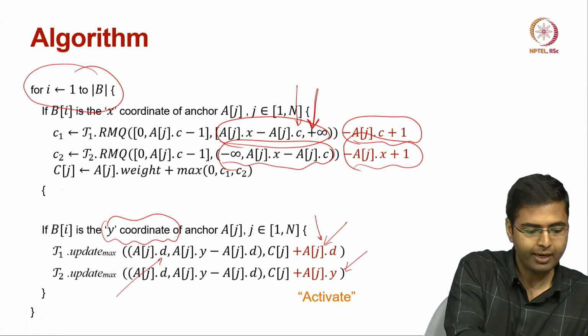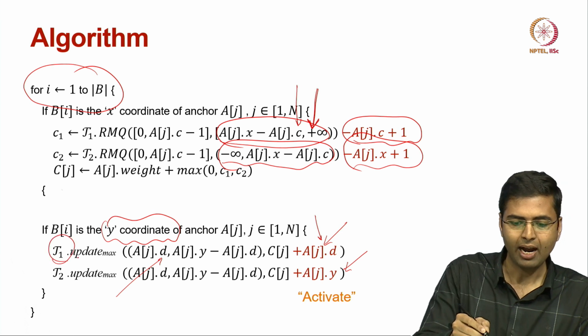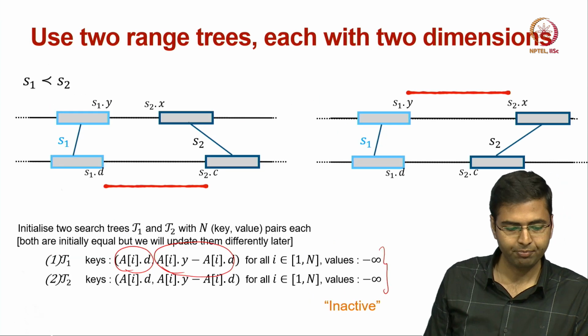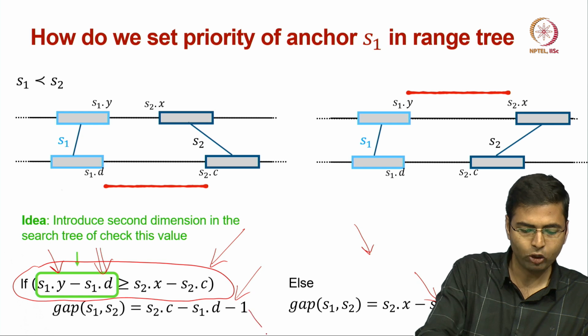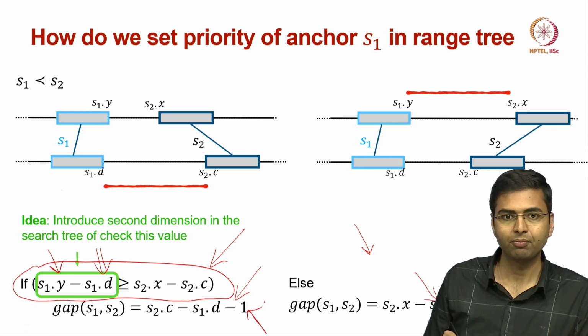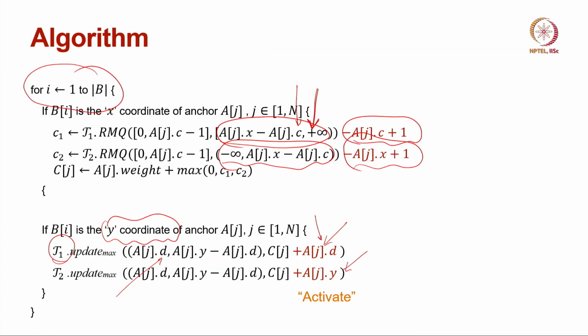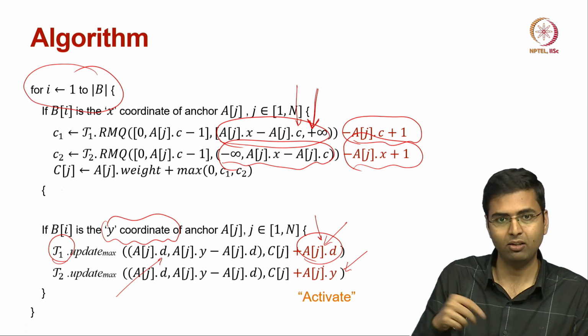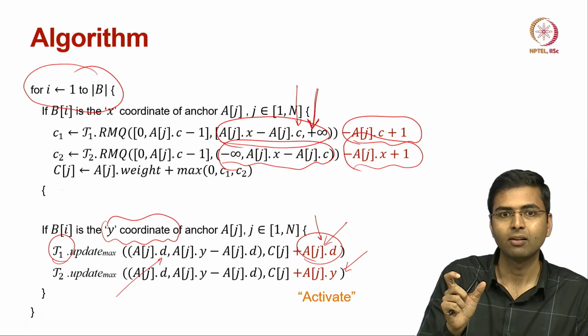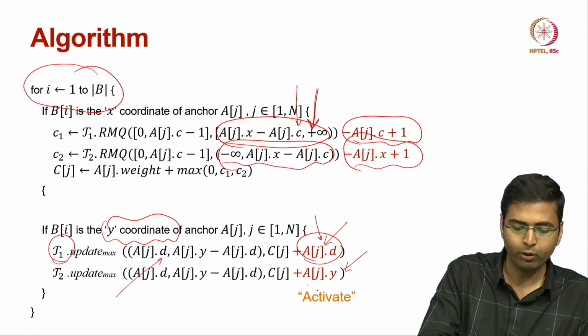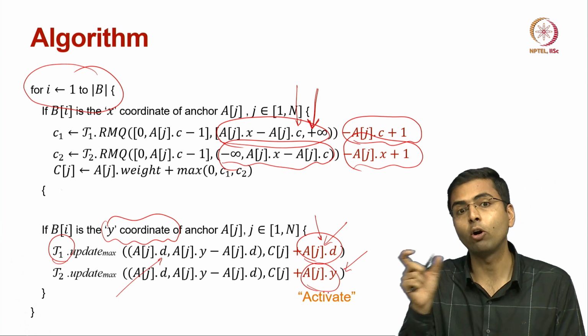So, for example, in tau 1 tree, I am working under the assumption that this is going to be the gap cost. So, accordingly I set the priority of those anchors based on aj.d coordinate. For the other scenario, I am going to set the priority based on aj.y coordinate.